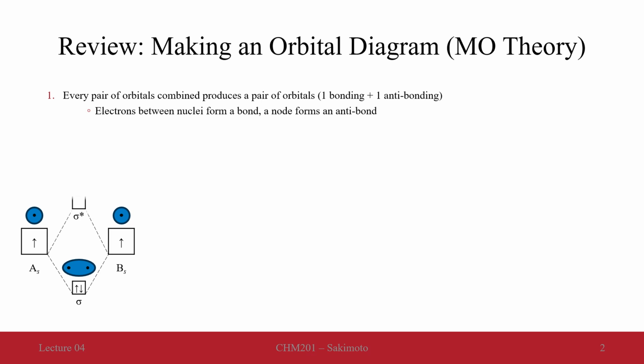Now, for conservation, that means we must also produce an antibonding orbital, which typically features a node, this gap between electron density, which signals that there's no electrons to be found there, that there's a break between these two nuclei. This is how we might begin to destabilize or make certain combinations of molecules not favorable. But it all depends on where these electrons actually are.